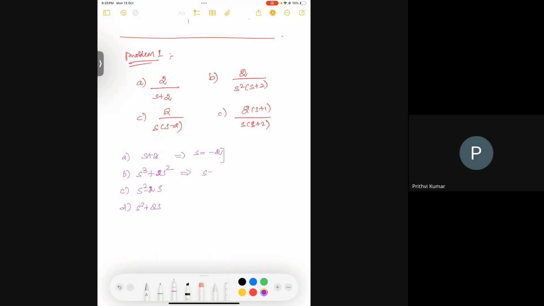Okay, s is equal to 0, 0, s is equal to minus 2. This will become s is equal to 0, s is equal to 2, s equal to 0, s equal to minus 2. Okay. Now tell me what are all the systems that are stable, what are all the options that are unstable.